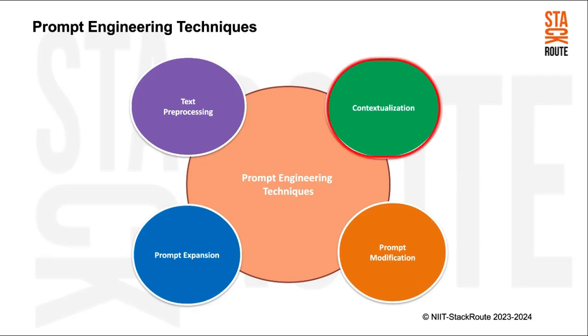The next one is contextualization. Adding additional context to the prompt can help the model better understand the desired output, which includes providing background information, specifying the intended audience, or including relevant examples.